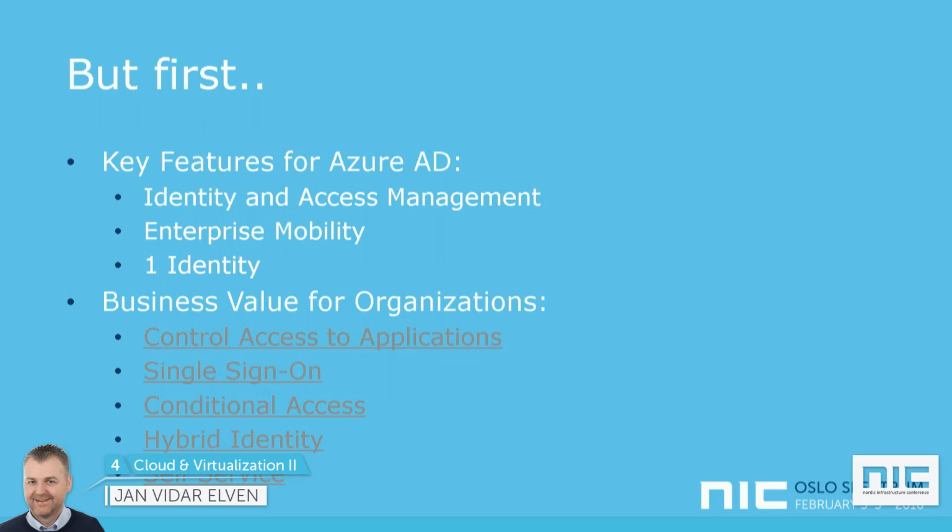And then one other key feature is the identity. One common identity, a hybrid identity if you want. That you have this identity from your local on-premise environment, and you're using Azure AD Connect to synchronize it to Azure AD, and you want to use that same identity both for cloud resources and on data center on-premise resources.